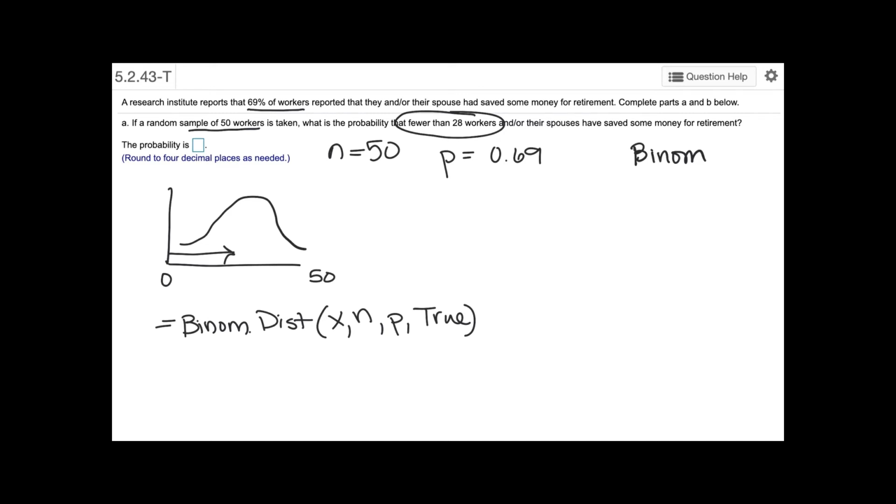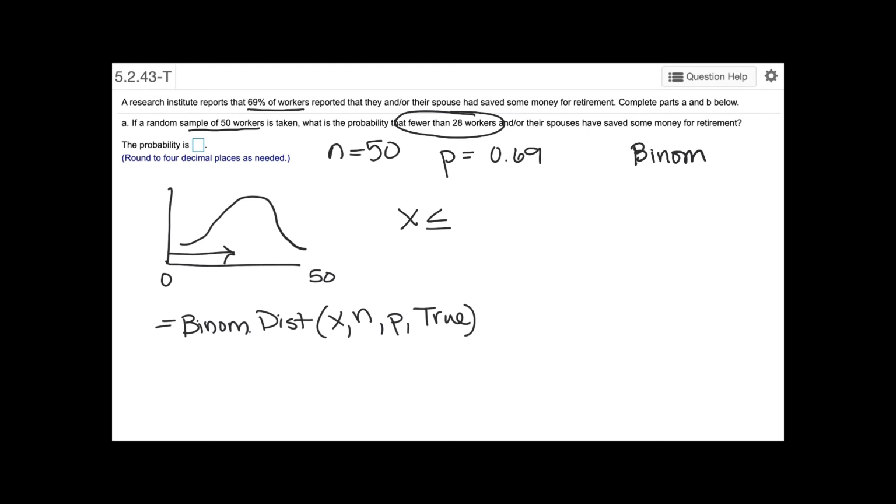And we need to break out what it means when it says fewer than 28 workers. For this to work, we have to revise the scenario to state that x is less than or equal to some number. If I say that there are fewer than 28 workers, that does not include the 28th person. Fewer than 28 could be 27 workers, 26, 25, and down.